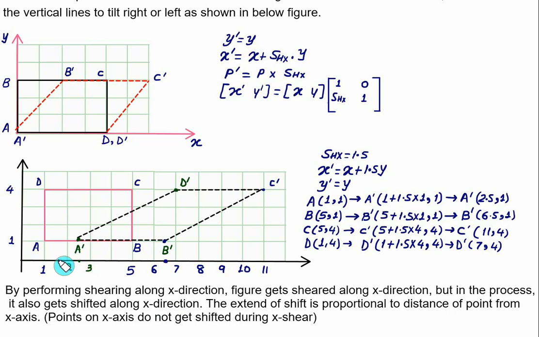That is, in the second case, when points A and B are not lying on the x-axis, the extent of the shift is proportional to the distance of the point from the x-axis. But if points A and D are on the x-axis, then after shearing their position will not change. The shearing matrix is given as 1, 0, SHx, 1. Sometimes SHx is represented by a, and shearing along the y direction is represented by b. So we have discussed here the shearing along the x direction.